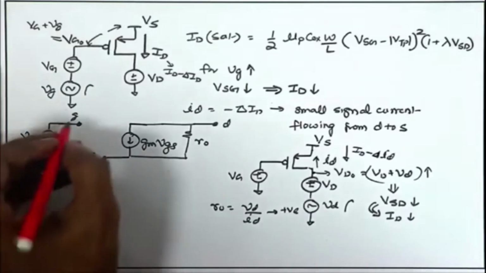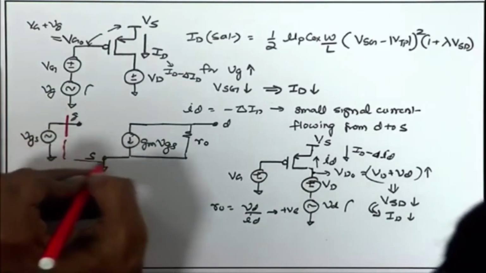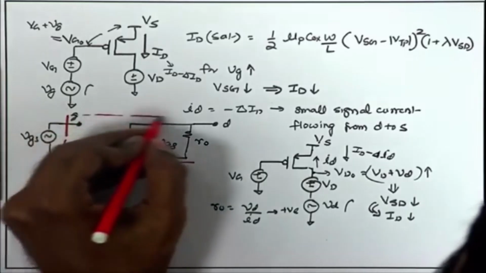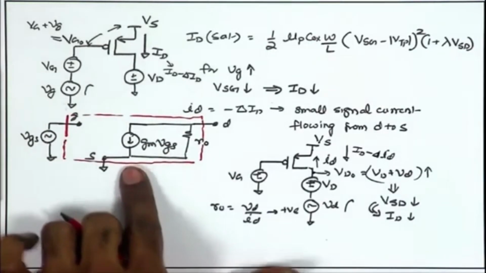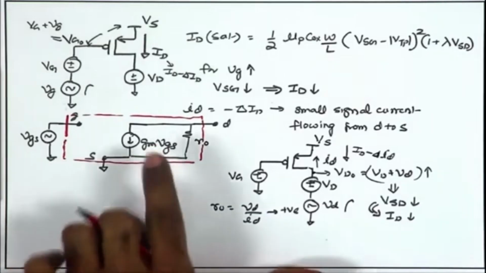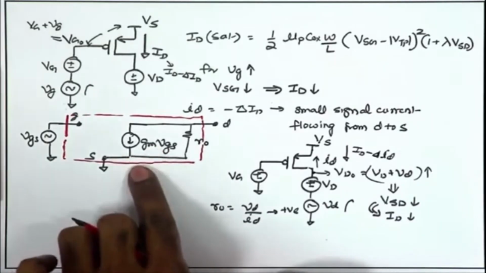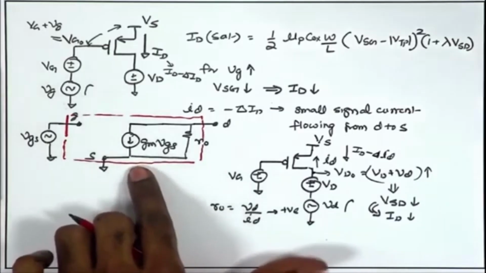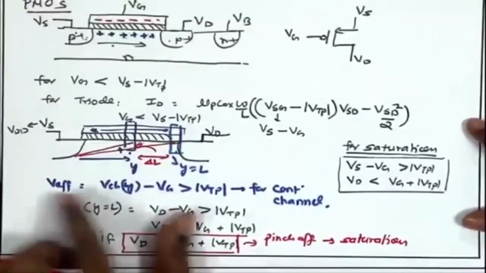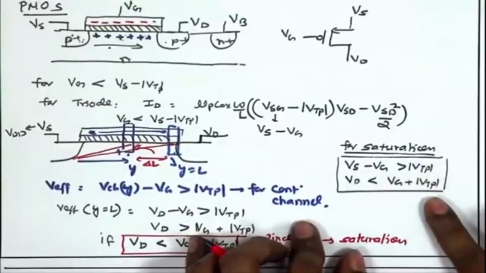So, effectively what we need to convey from this is that the small signal model remains as it is, the low frequency small signal model does not change. We can use the same small signal model for PMOS as well as NMOS. For DC condition, we have to be careful while defining the saturation region operation. We just have to keep in mind the condition for saturation.